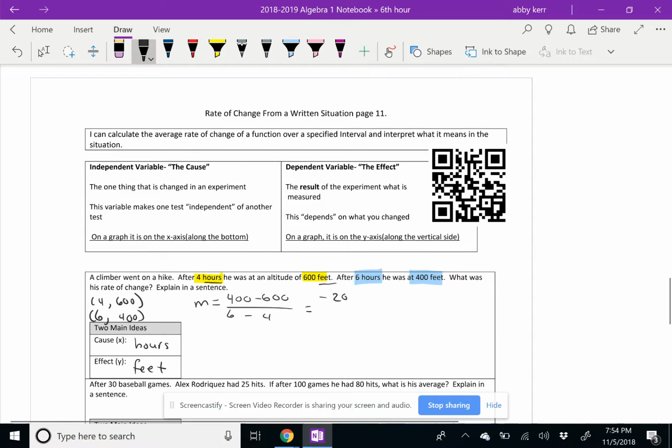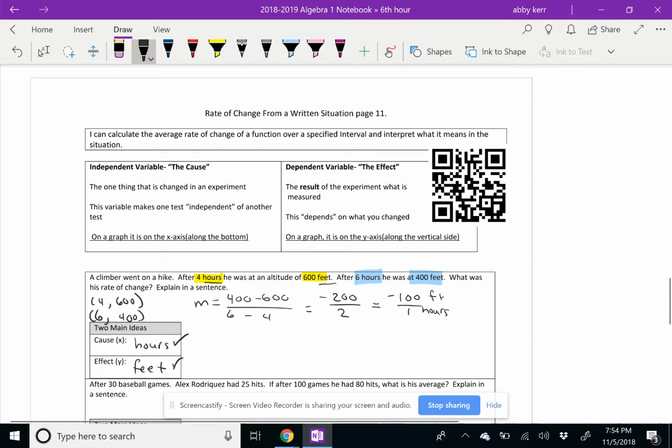So then we're going to have negative 200 divided by 2, or negative 100 over 1. The negative 100 is talking about your feet because that's your y value, and the 1 is talking about hours because that's your x value.